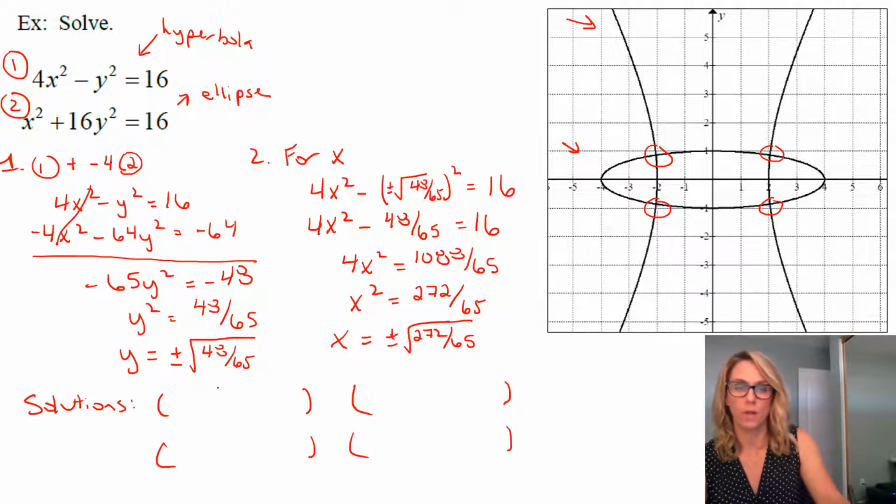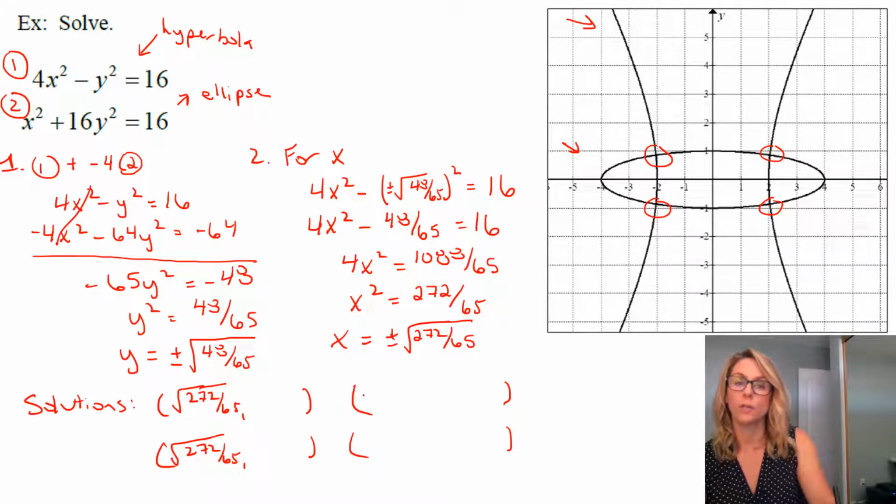We have 2 solutions with the positive square root of 272 over 65, all of that in the square root.